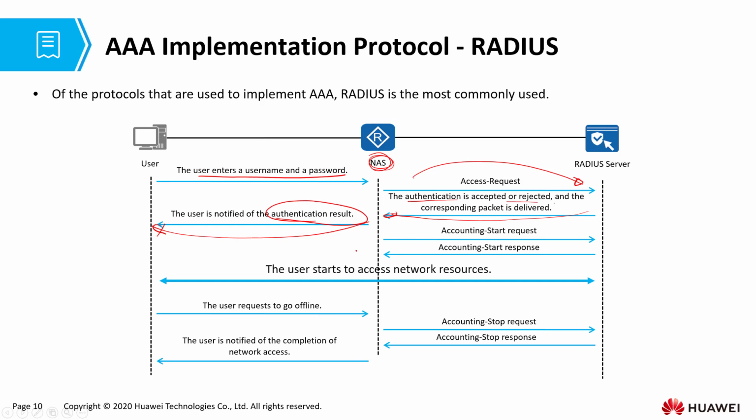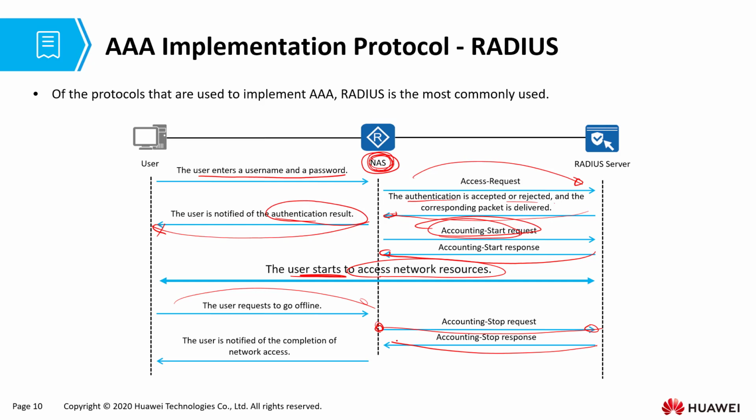Now, if the authentication is accepted, the network access server will send an accounting start request on behalf of the user, for which it will receive an accounting start response. That is the point at which the user will start to access the network resources. When the user is done accessing the network resources, they will send a request to go offline, for which the network access server will send an accounting stop request.